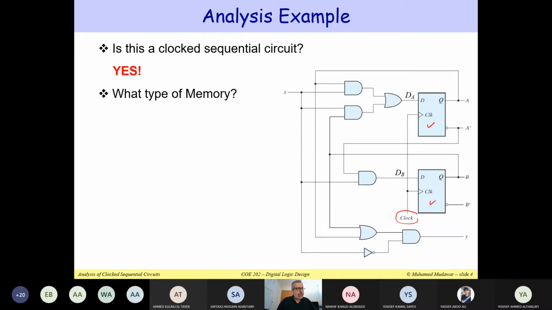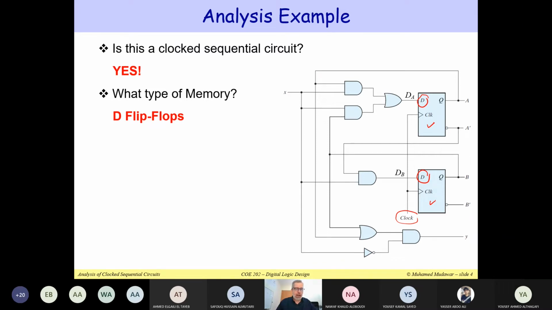Right. What type of memory? What type? Come on, you have to answer these questions. What type of memory do we have here? No answer? Nobody would like to answer? D flip-flops. Is that too difficult, Yani? D flip-flops.